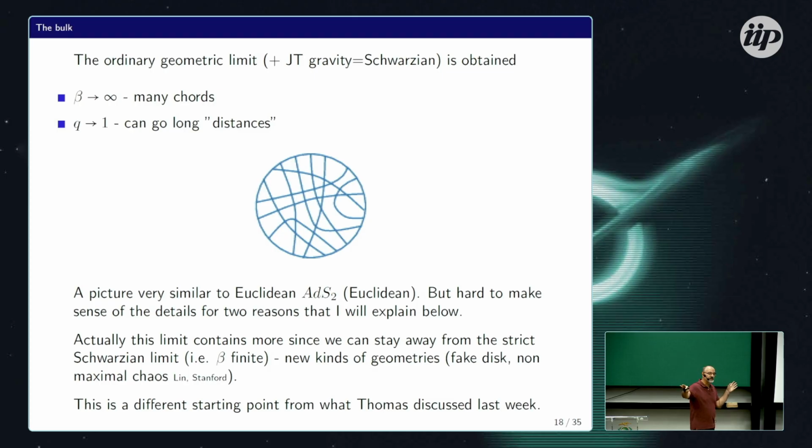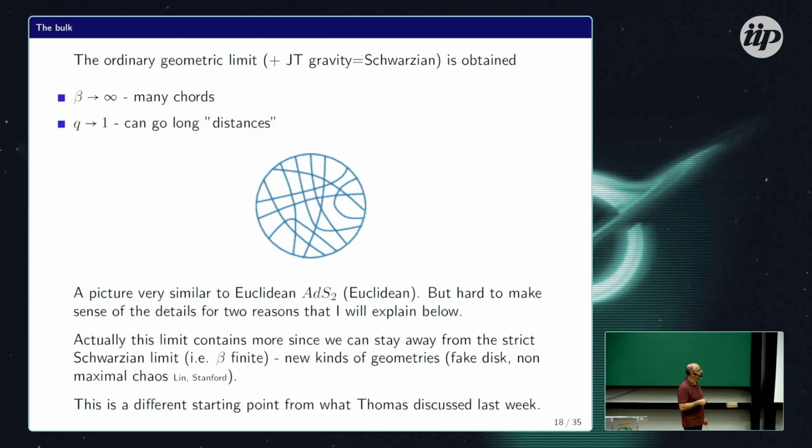So we need to expand this to a high order. So we have many chords. And then we take q to 1, so there's not much penalty when chords cross. So chords can go a long distance in the bulk. And what you get is a picture which becomes denser and denser in the bulk, basically. And you can fantasize that this fills up the AdS2, the Euclidean AdS2.